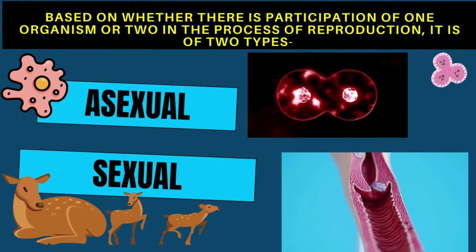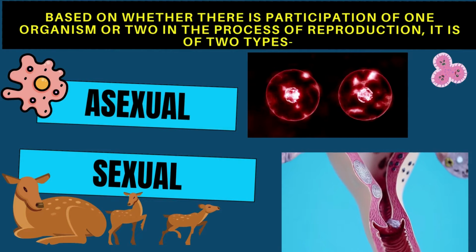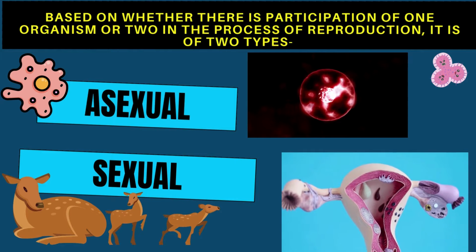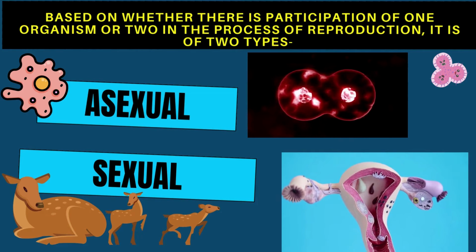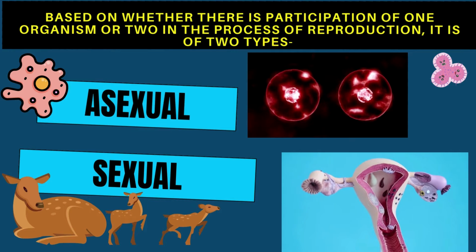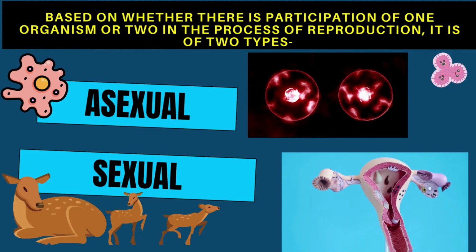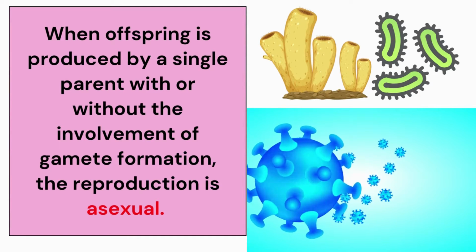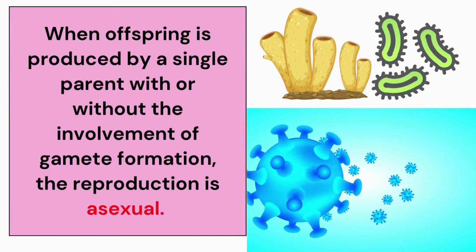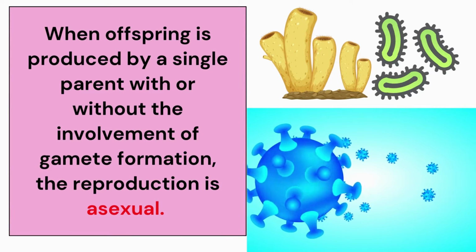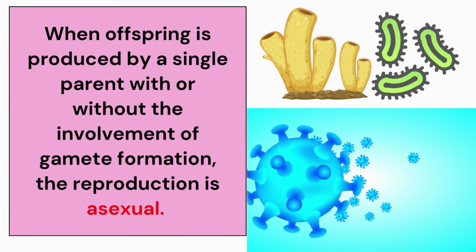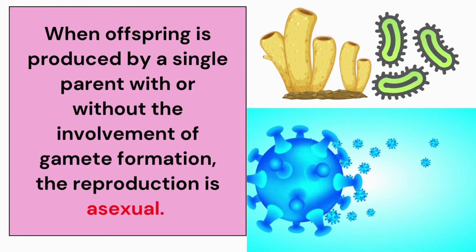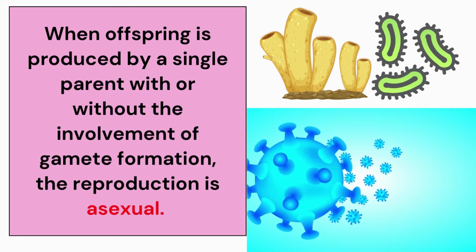Based on whether there is a participation of one organism or two organisms in the process of reproduction, it is classified as two types: asexual reproduction and sexual reproduction. Asexual reproduction: when offsprings are produced by a single parent with or without the involvement of gamete formation, the reproduction is called asexual reproduction.